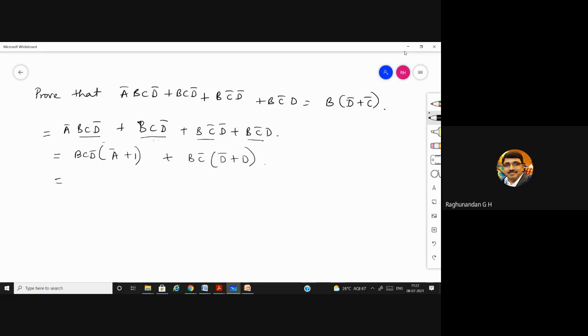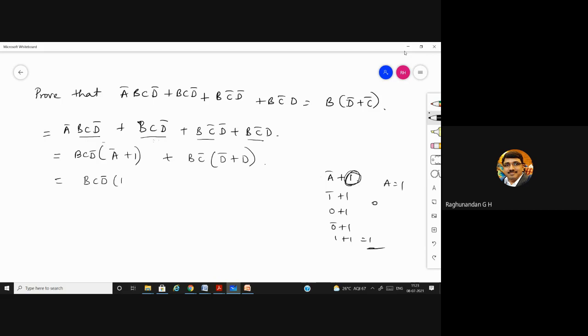According to the duality, what is A bar plus 1? 1. If you get doubt, simply substitute. A is equal to 1: 0 plus 1. A is equal to 0: 0 bar plus 1, 1 plus 1, that is 1. Whatever you put, the final result is 1.